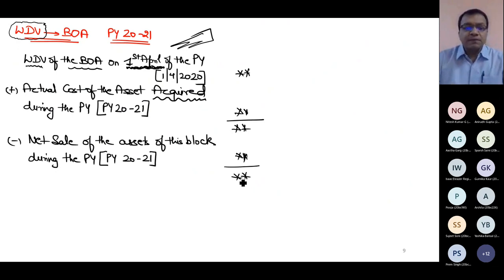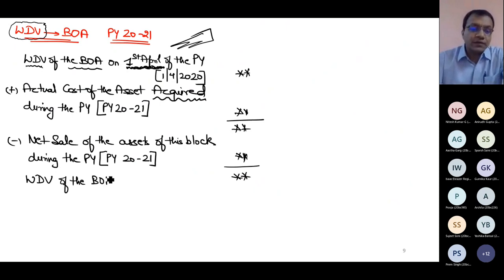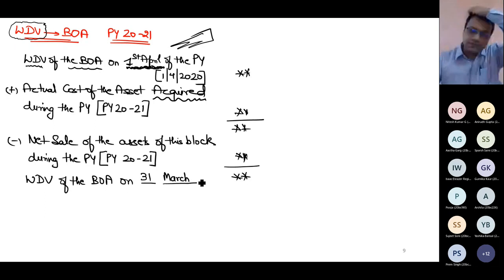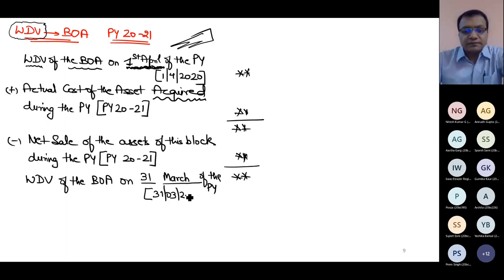This difference is nothing but WDV of the block. Can you tell me which date? Logically, which date? 31st March. Yes, logically, my year is complete, so it is the date of 31st March of the previous year. Since my previous year is 2021, so by default it is 31st March 21.